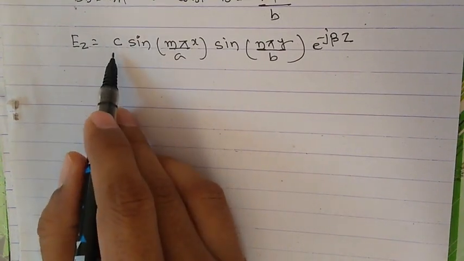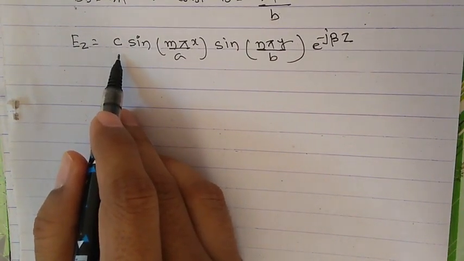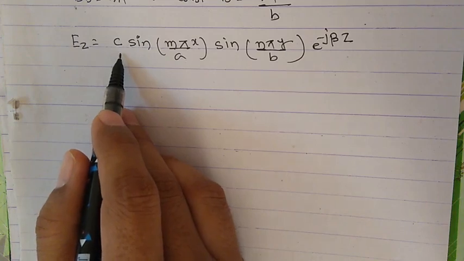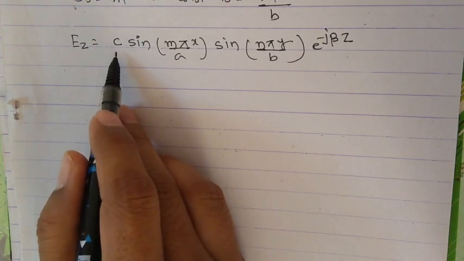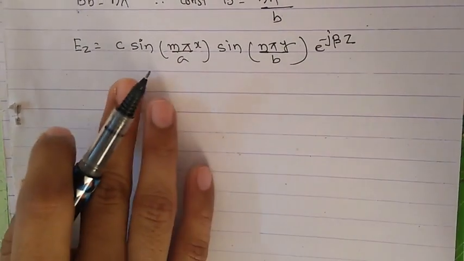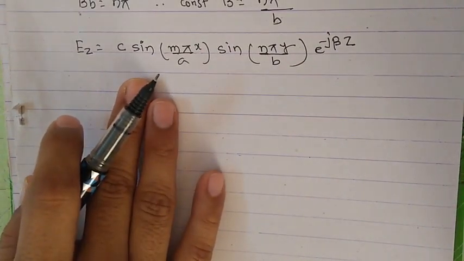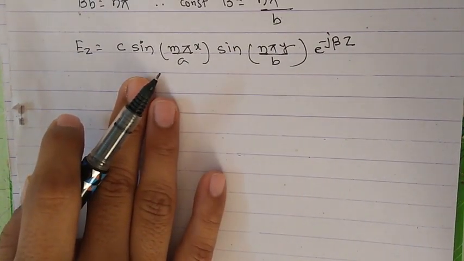C is the amplitude of the electric field, which will remain constant since boundary conditions are independent of the amplitude. So this is the exact solution or complete solution of the wave equation for longitudinal component Ez.